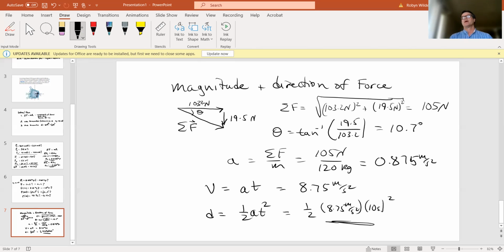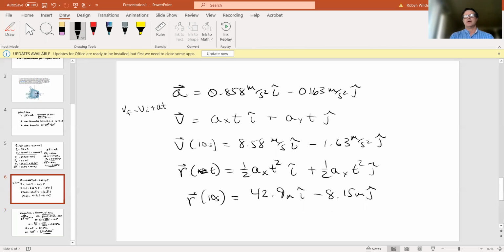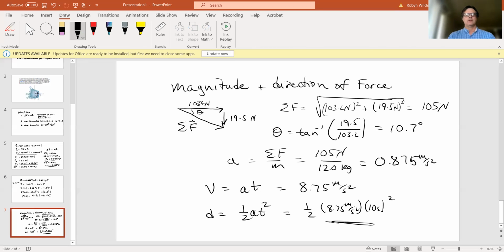So there are two ways. I can just deal with the components by themselves, or I can deal with the magnitude of everything and then talk about the angle. Most of the problems we will do, we will use the components. It's just easier to deal with the x and y components because they're independent. Now, if I wanted to go from this component method to the magnitude, it's easy.